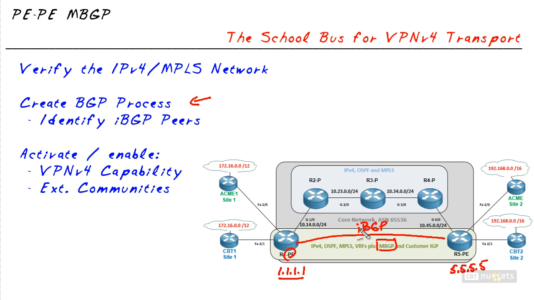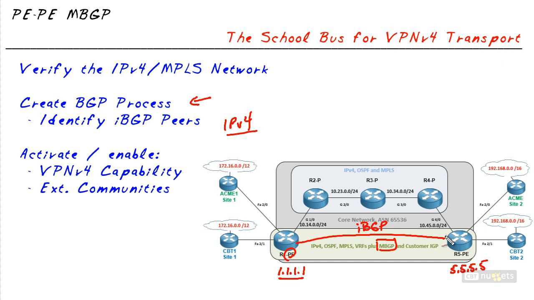Now, once we enable Border Gateway Protocol between two peers, by default, IP version 4 is supported. It's assuming, hey, you want to exchange IPv4 routes. In our situation, we really don't care too much about IPv4 route exchanges through BGP. What we want to do is exchange the VPNv4 routes. Those are the routes that we've learned from a customer that we've taken out of the VRF and put into BGP with additional information such as the VPN label and some additional tagging information to associate that route with Acme Site 1.